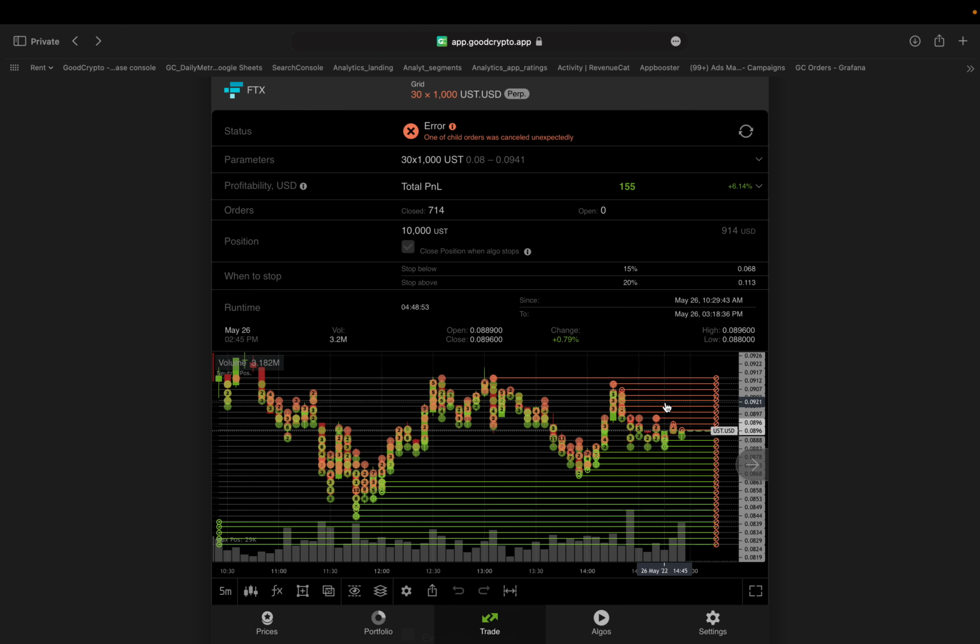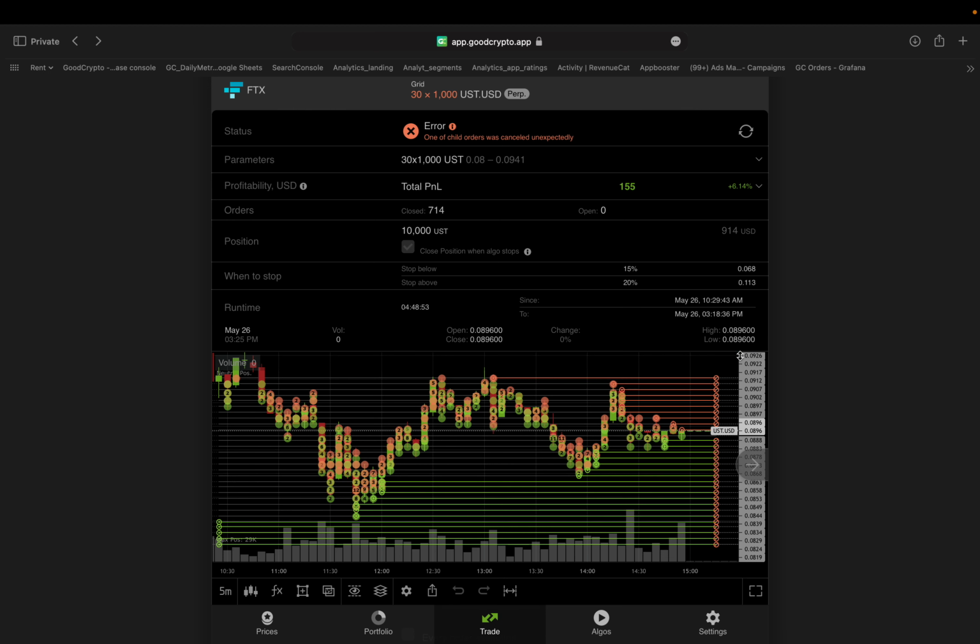Maybe a couple of trades per hour, maybe 10 trades per hour, but certainly not 700 trades in 4 hours. So certainly that means that there was a lot of volatility in this relatively small range, and that is what amounted to that unusual and exceptional profitability of the grid.